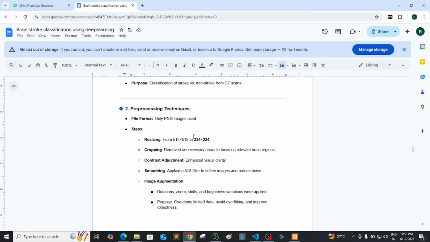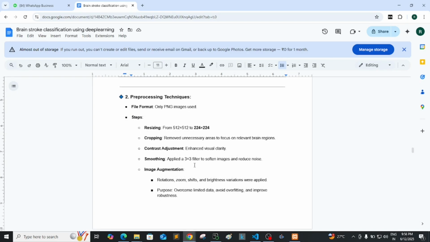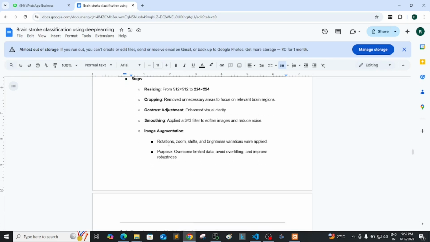And then what preprocessing are they using? Under preprocessing, in that particular paper whatever we saw, they are using only resizing. Okay, and in image augmentation, they are doing rotation, zoom, shift, brightness variation, all those things. So why they are doing it is to overcome the overfit or underfit issue.